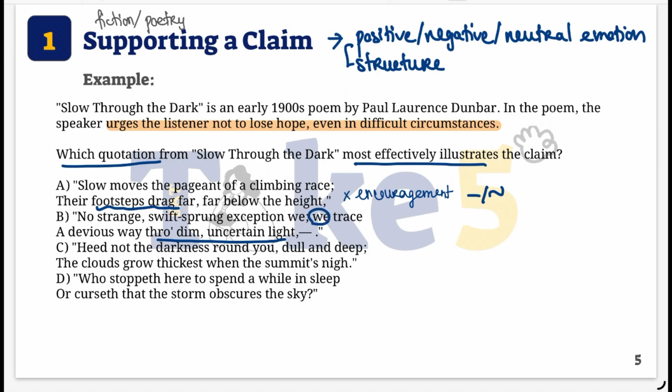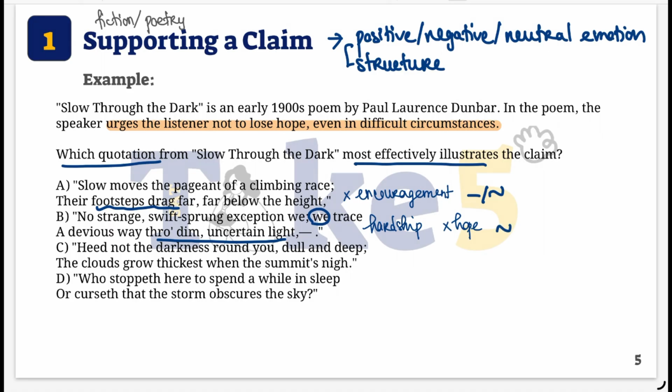It acknowledges hardship, but it doesn't urge the listener towards hope. It's more of a statement of shared struggle related to the theme of difficulty, but no direction to encourage hope, so we can put a neutral sign here.